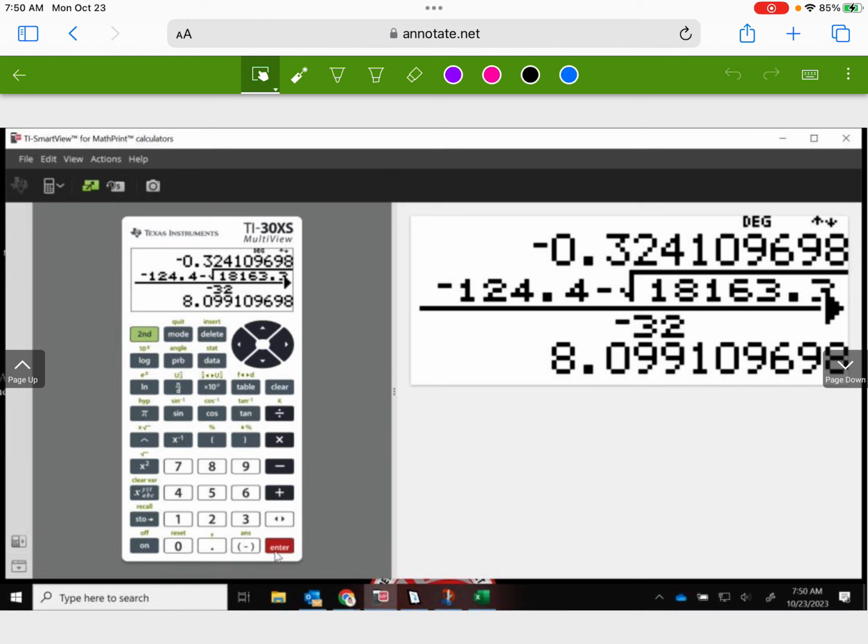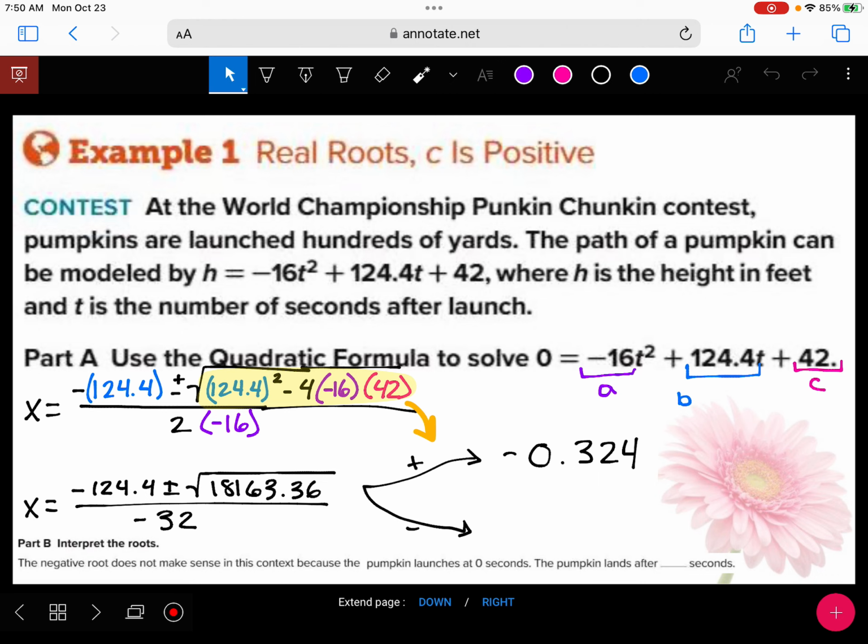So you can absolutely type the whole thing in, but there are shortcuts we can take, and we've got 8.099. And then, so we have our two solutions here. These are the two solutions for the quadratics.